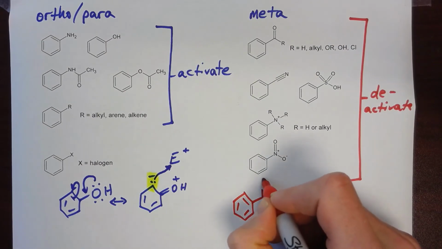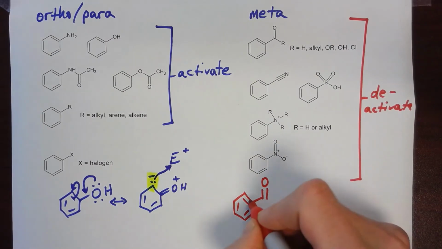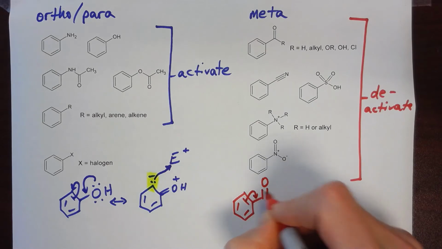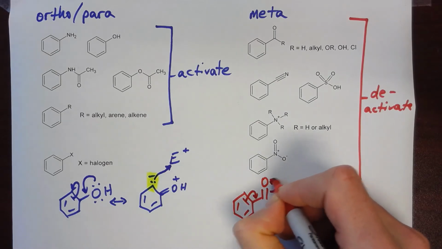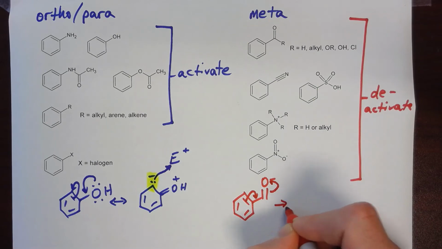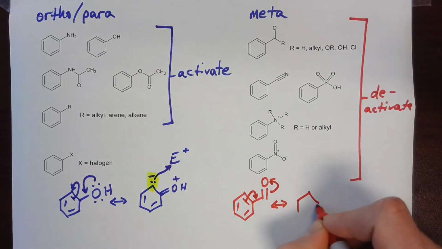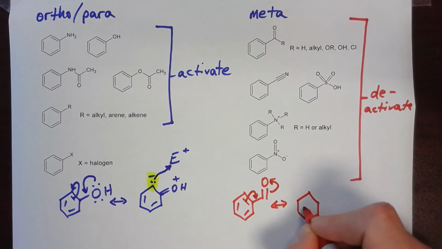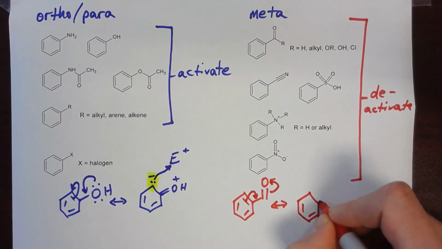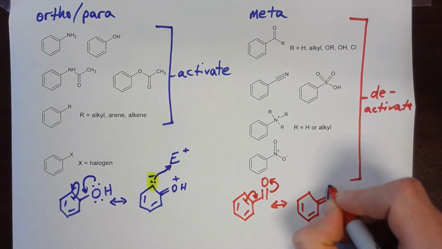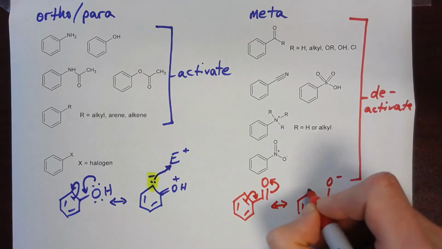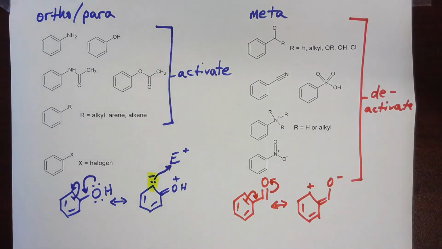But let's just look at benzaldehyde as our example. We can draw a resonance structure where we put the negative charge on the oxygen atom, which leaves a positive charge on the ring.